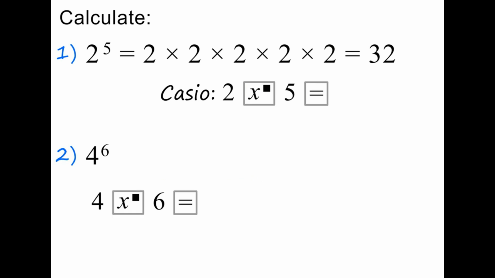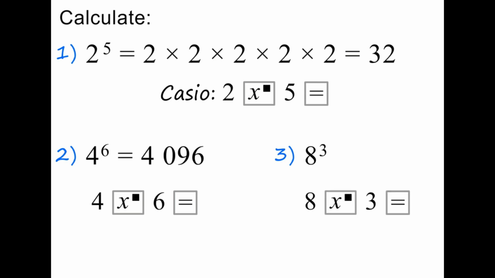Here are the keys for a Casio. The value is 4096. How did you do? Please pause and calculate the value of this power. Here are the keys for the Casio. The answer is 512. Please pause if you need more time here.